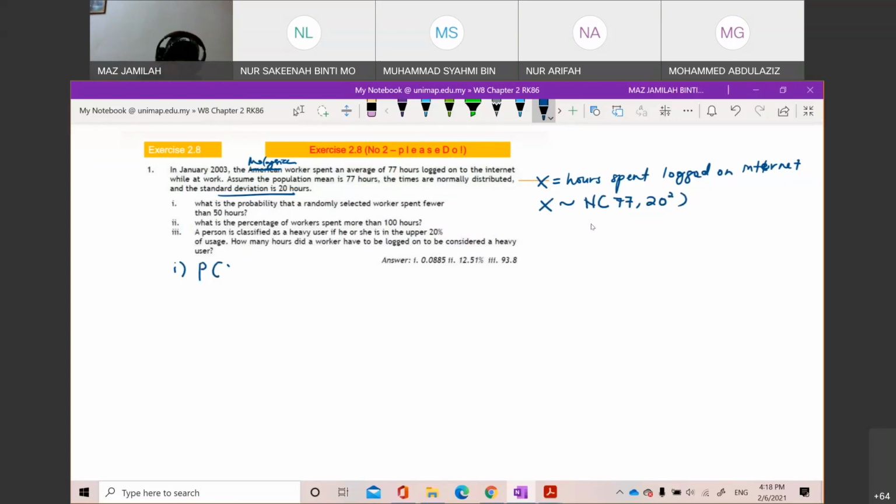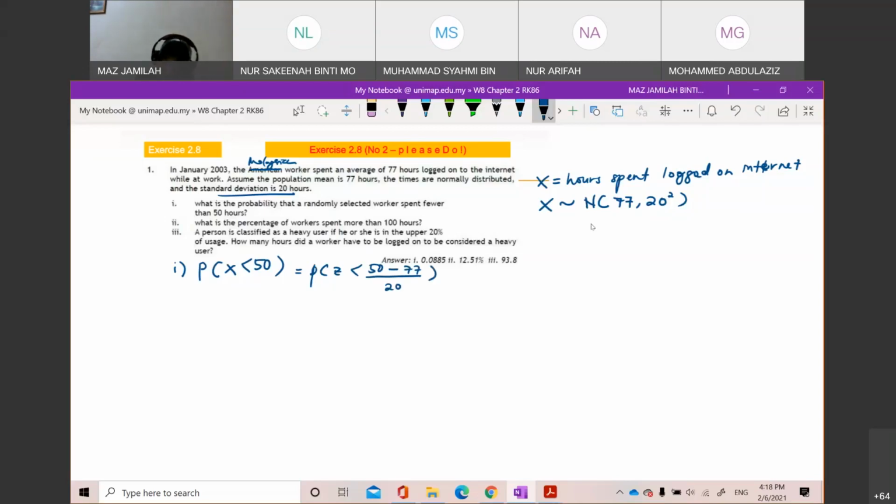that X spent fewer than 50? So X less than 50. First, transformation to z score. So P(Z < (50 - 77) / 20).